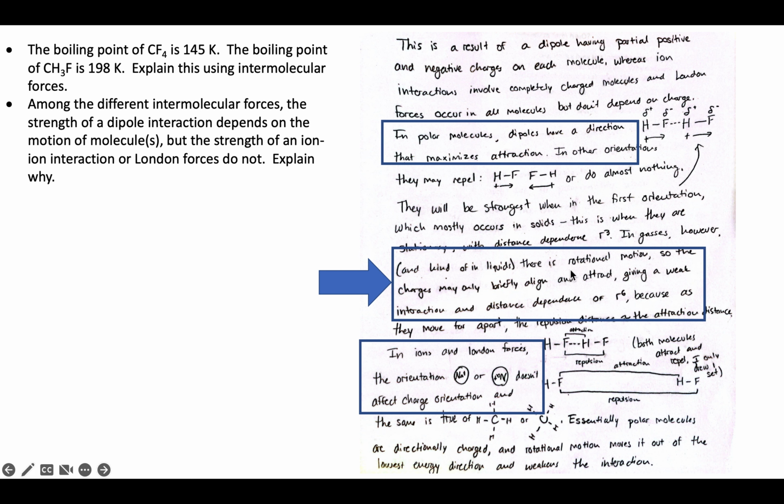What does it mean to think about a distance dependence for a rotating polar molecule? And contrasting that with what would be taking place where rotation wasn't important if we had clear ions or if we had our London forces. So I thought this was a very comprehensive answer, and overall folks did pretty well on this question as well.